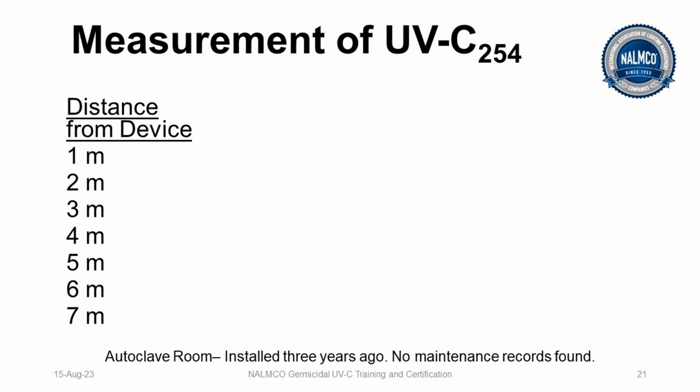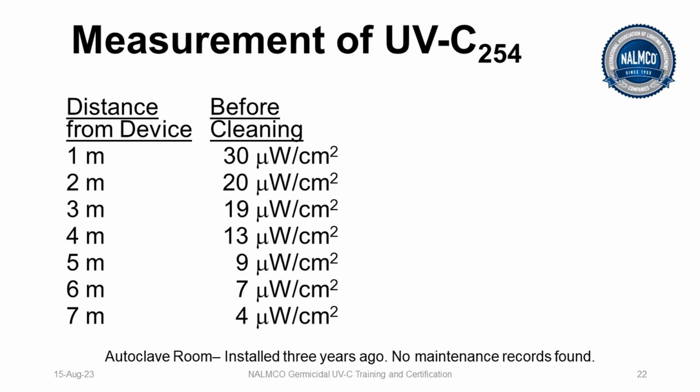The unit was installed 3 years ago, and there were no maintenance records that we could find or that the workers could find on that unit. So we took measurements at 1 meter increments straight out from the fixture, looking for the maximum value. So we did it 1, 2, 3, 4, 5, 6, 7 meters.